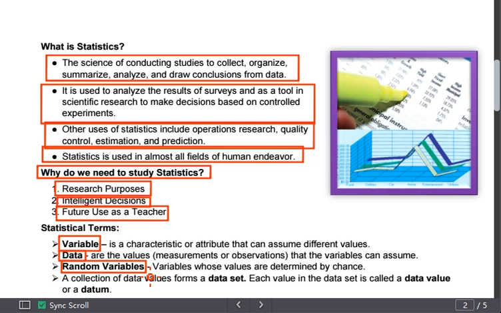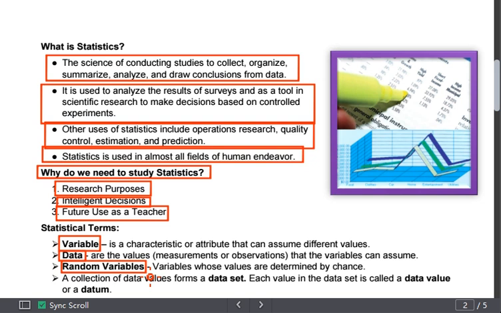So, for example, an insurance company studies its record over the past several years and determines that on average, 3 out of 100 products of their company, or let's say for example, yung product ng kanilang company ay car or motorcycle, that 3 out of 100 motorcycles that they are producing caused accidents during a 1 year period. So ganon.